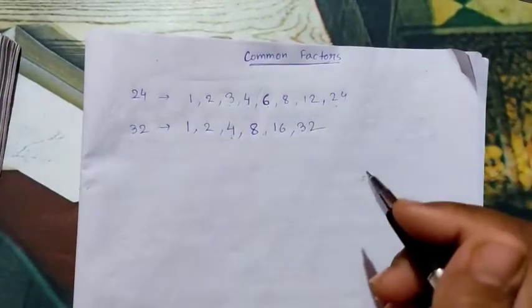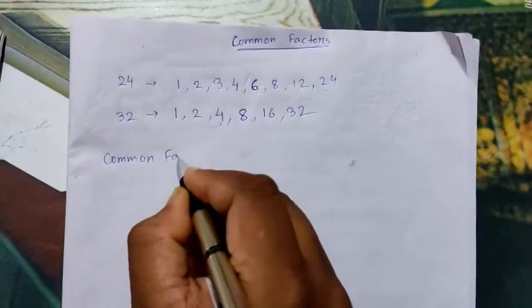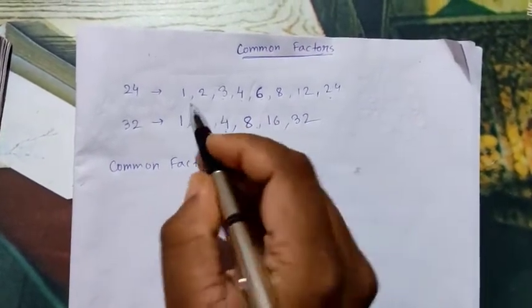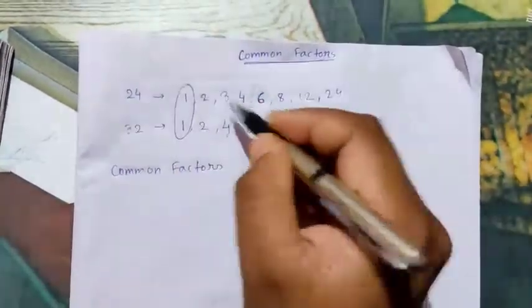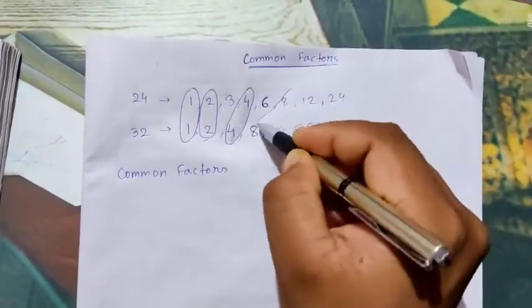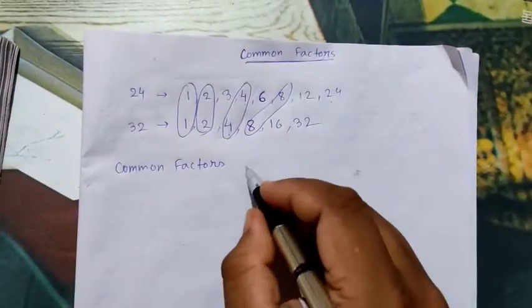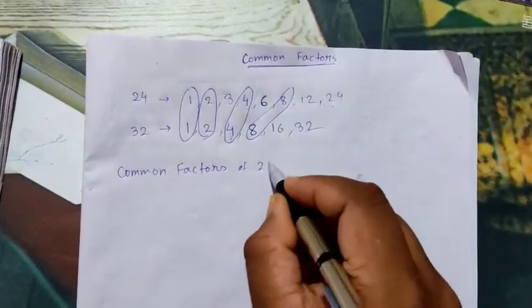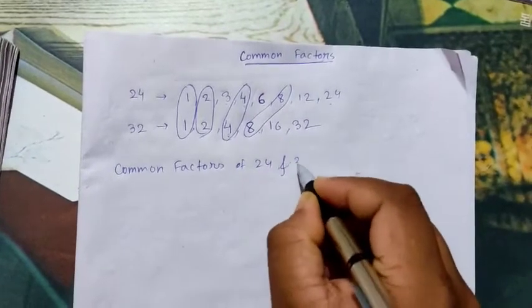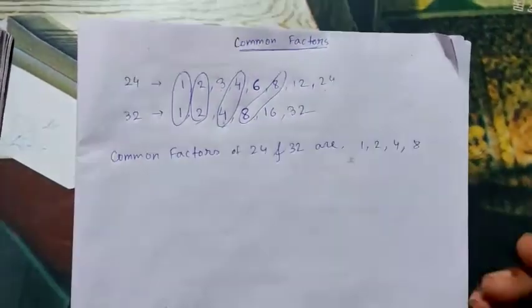Now we have to find the common factors between them. Can you find the common factors between them? You see, 1 is common, 2 is common, 4 is also common, and 8 is also common. So let's write: the common factors of 24 and 32 are 1, 2, 4 and 8.